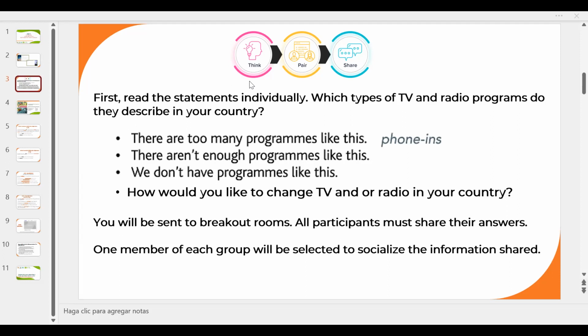Okay, teacher. For us in Colombia, there are too many programs about drama and reality shows like El Desafío, Protagonistas de Novela, and many autobiographic novels. In Colombia, there aren't enough programs in the series format, like a chapter every week.